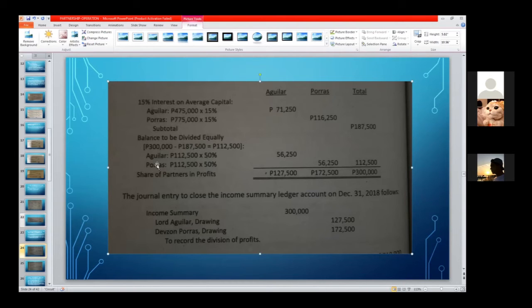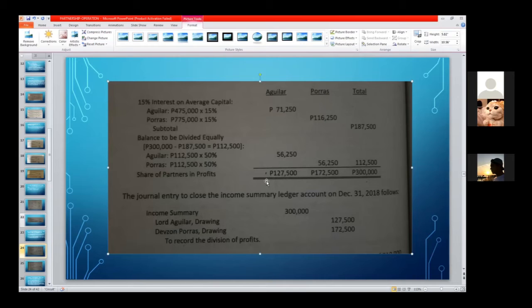So, kaya 300,000 minus itong total na 187,500 equals itong 112,500. So kaya times nyo ng 50%, yan, makukuha nyo itong dalawa. Diba? Kasi sabi dun sa problem, yung balance is to be divided equally. O, yun na. And then, i-add nyo na. Makukuha nyo itong mga total nila.